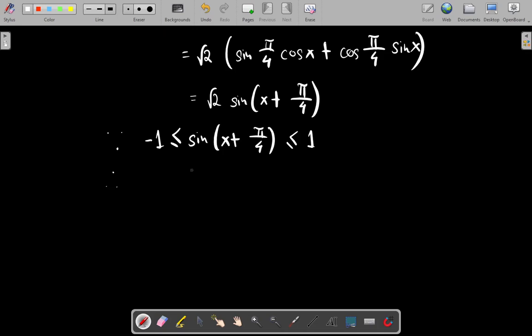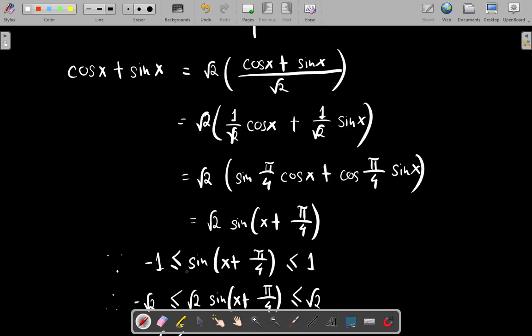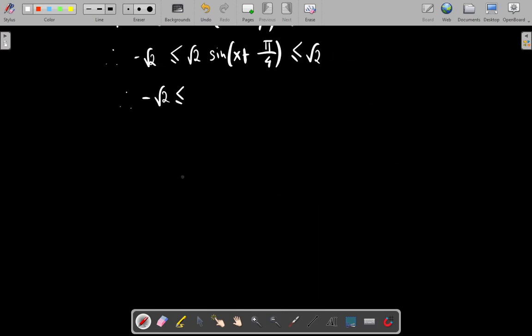Therefore this value will lie between minus root 2 and plus root 2. So this means that cos x plus sin x lies between minus and plus root 2, right?